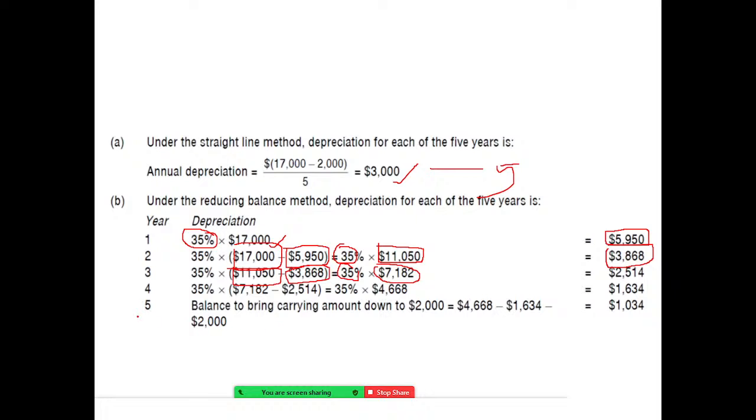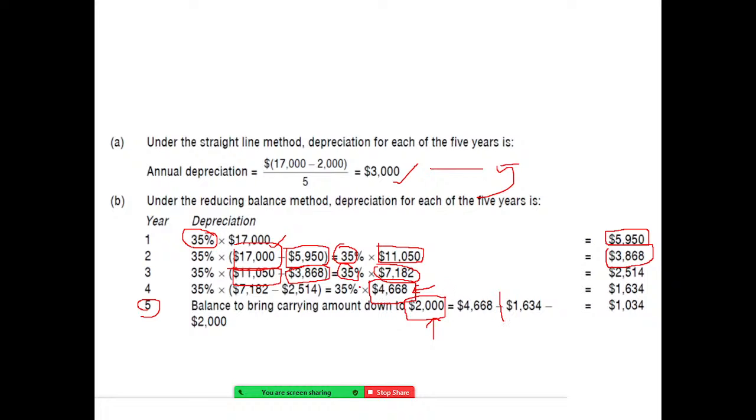And in the last year, the balance is to bring the carrying amount to 2,000, right? We know the residual value of the asset is 2,000, no? So at the end of the useful life of the asset, the 2,000 balance should remain. So we have to bring it to 2,000, and the carrying amount of the asset at the beginning is 4,668, and the balance should be 2,000. So the balancing figure we take as the depreciable amount.